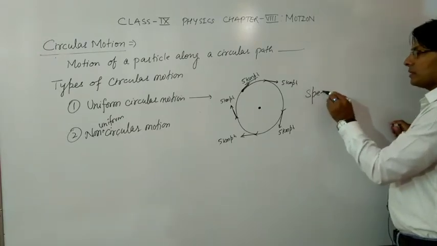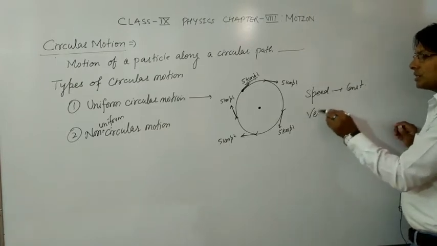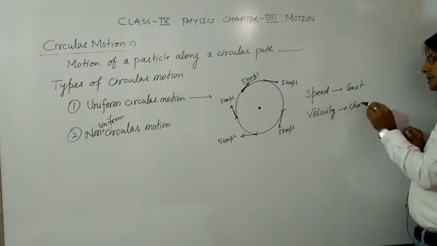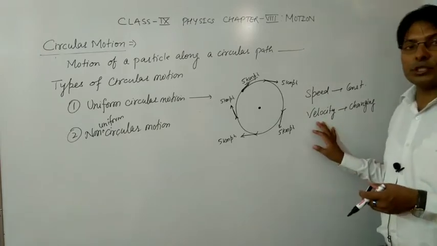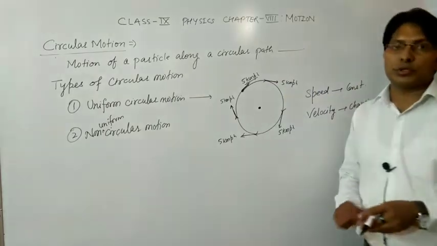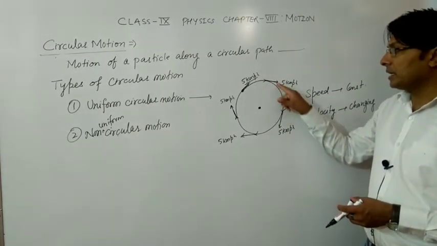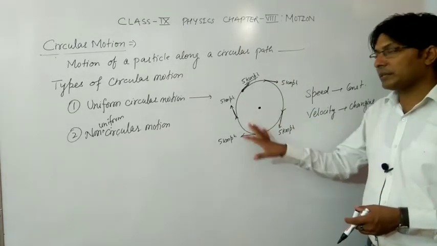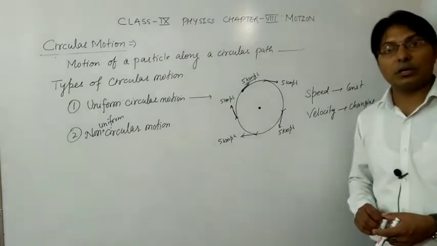So what we can write here is: speed is constant, velocity keeps on changing. Why does the velocity keep on changing? Because it is moving in a circular path. Whenever a particle moves in a circular path, definitely the direction will be different at different points. You can understand from this diagram. Such motion is said to be uniform circular motion.